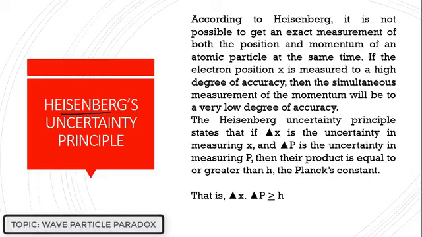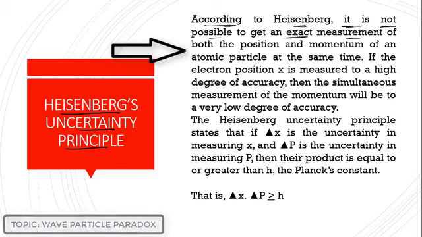At this point, let us look at Heisenberg's uncertainty principle. According to Heisenberg, it is not possible to get the precise measurement of both the position and the momentum of an atomic particle at the same time.